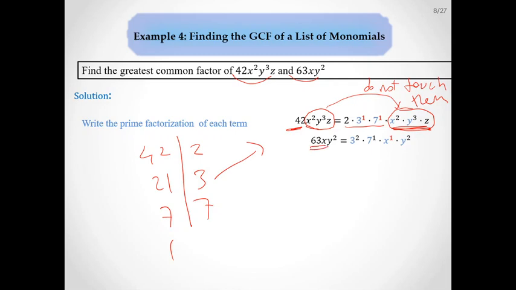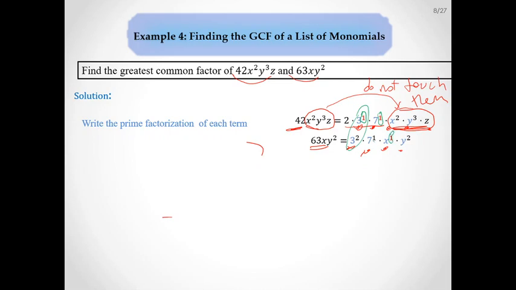Now, when finding the greatest common factor, we look at the common primes. Look at the common primes here: 3 and 3, 7 and 7, and x and y. Then we pick the smallest powers of them. This one is the smallest power of 3, and this is the smallest power 1, or you can choose this one, no problem.